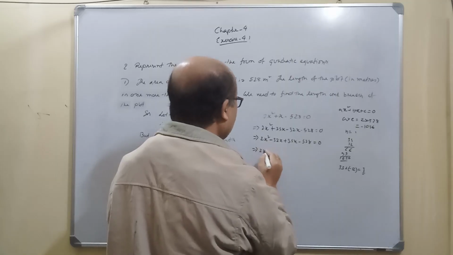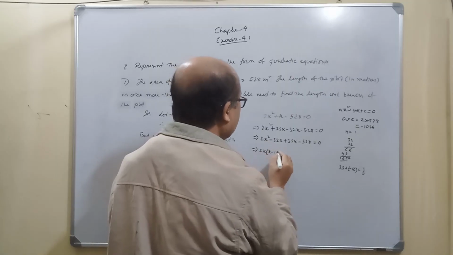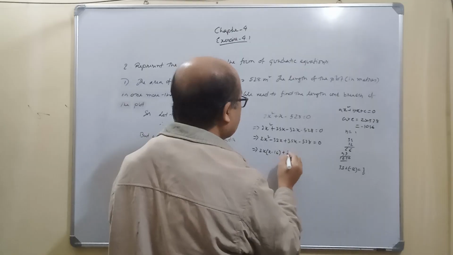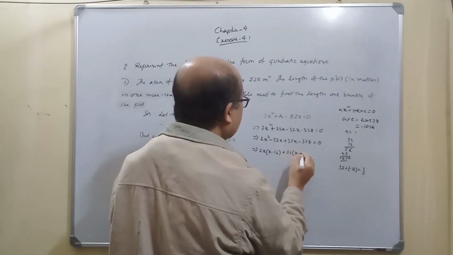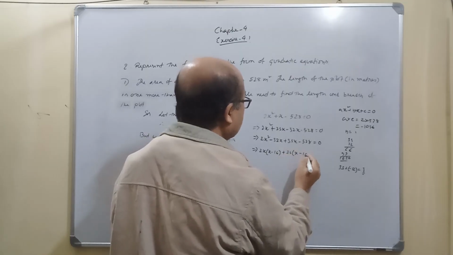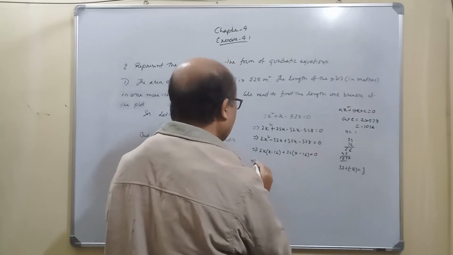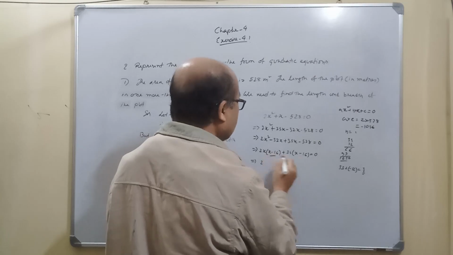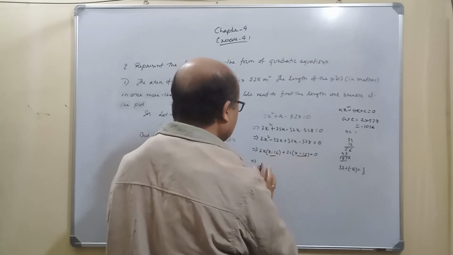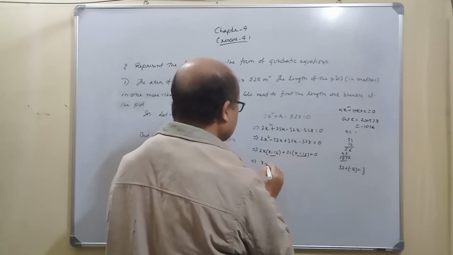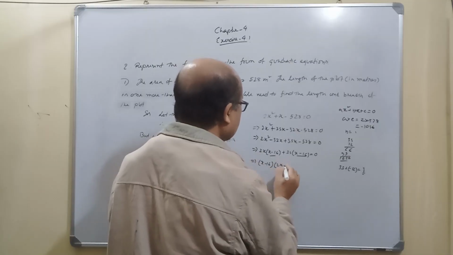Then taking 2x common, we get x minus 16. Again 33 common, x minus 16, since 33 into 16 is 528, equal to 0. Hence we have x minus 16 common, so we take x minus 16 out. We are left with 2x plus 33 equal to 0.